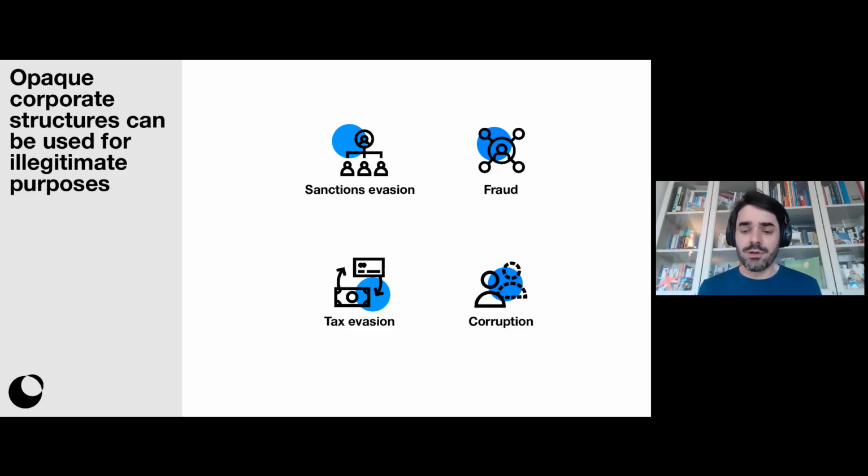In corruption, for example, a politically exposed person may mask his or her interests across multiple companies to receive illegitimate funds. So these are some of the potential problems coming with opaque corporate structures, and it makes it very important to understand those corporate structures.